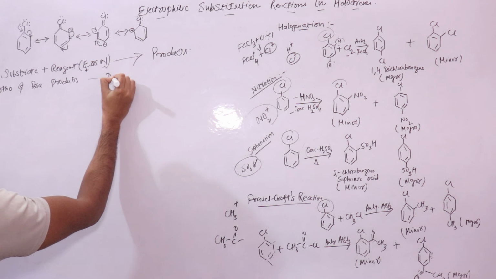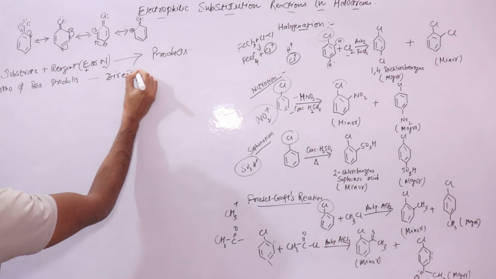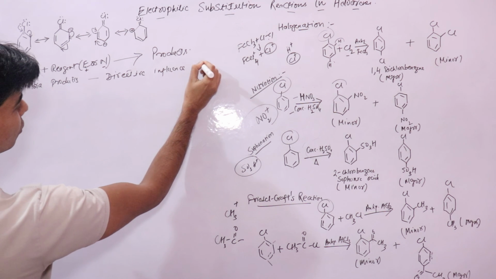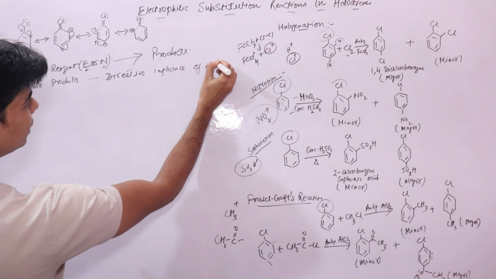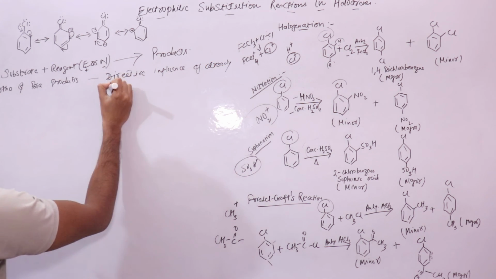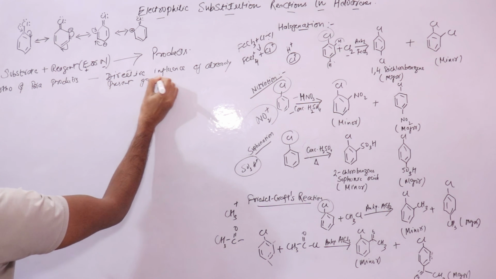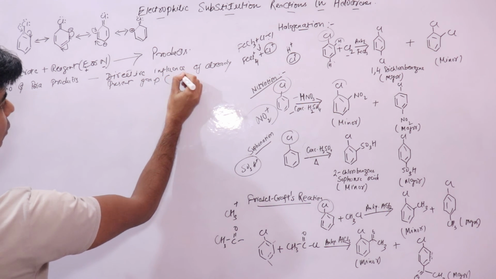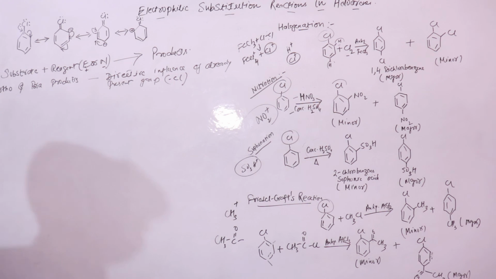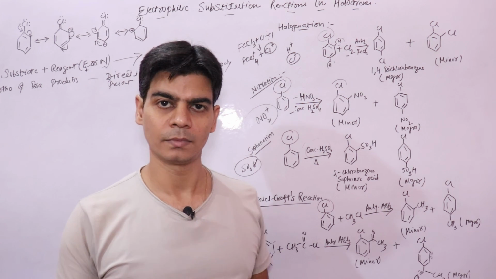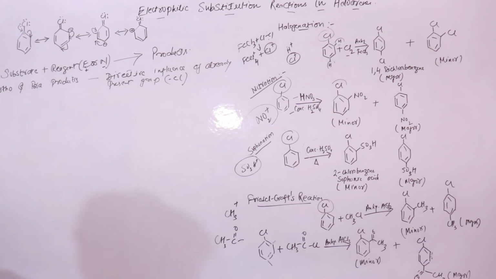The ortho and para products are due to the directive influence of the already present group, which is your chlorine in this case, a halogen. So this halogen is ortho and para directing in this case. And why it is ortho and para directing, we'll see in a moment.